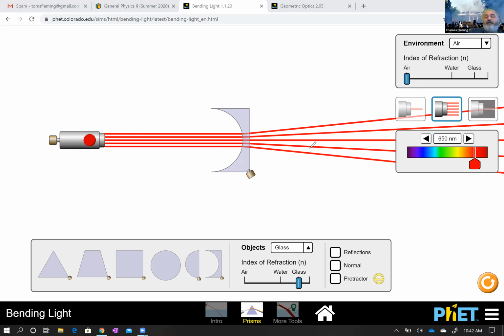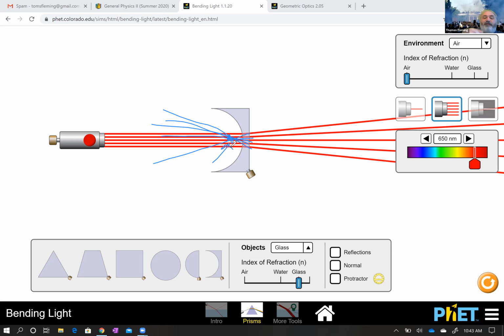However, if you were to take the diverging paths of the rays and trace them backwards, maybe I shouldn't use red for that. Let's use blue. So if I were to trace along this ray, what's happening is these rays are diverging as if they're coming from a single spot.